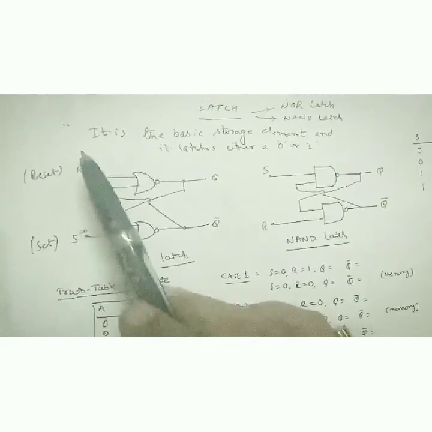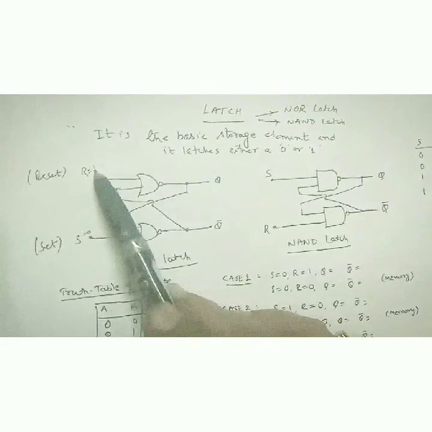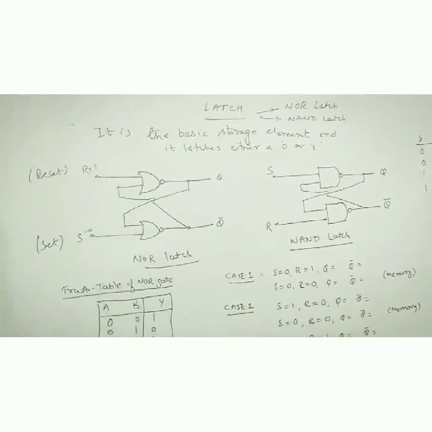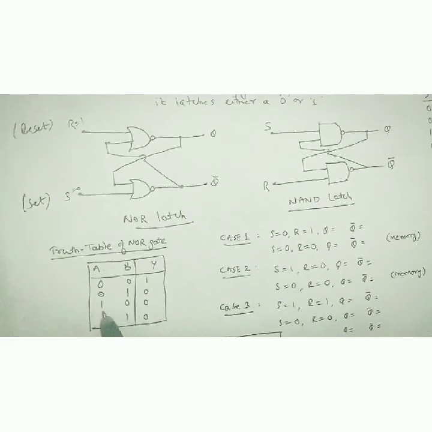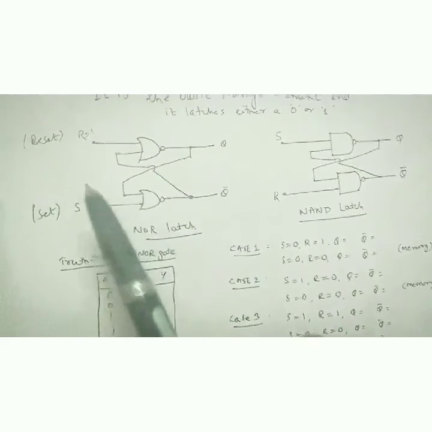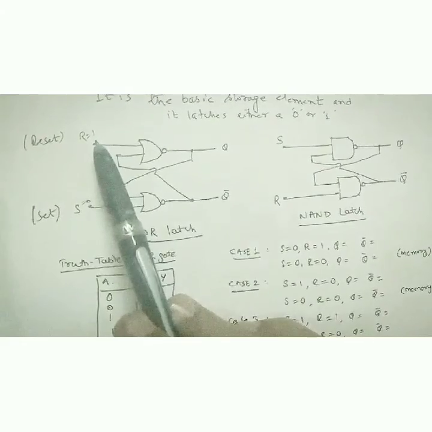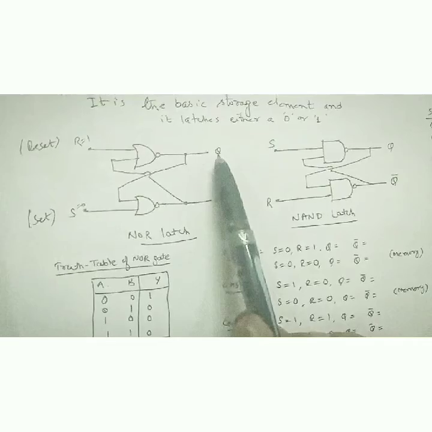Since we already know that when any of the inputs is 1, as in this truth table, the output will be 0, here when R is 1, it will cause Q to become 0.